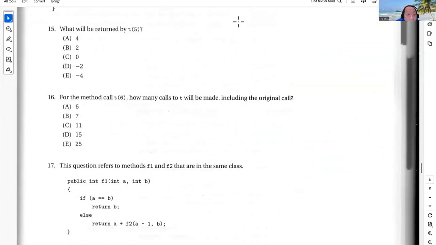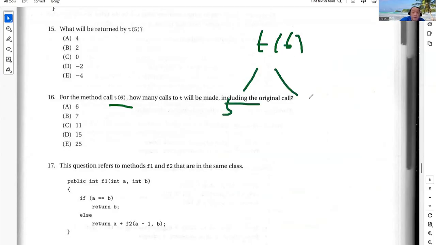So T of 6, how many calls do you have? This one you don't care about the plus or minus, so you just put T of 6, 5, and 4. The minus doesn't matter. You just calculate how many calls you have.